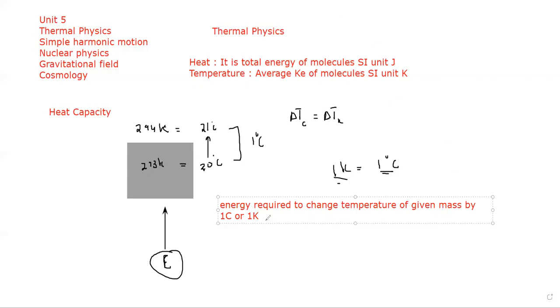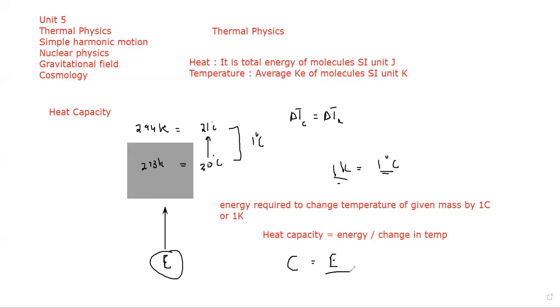So the formula to calculate this: the heat capacity or thermal capacity is equal to the energy supplied or energy removed divided by the change in temperature. Heat capacity or thermal capacity is denoted by capital letter C. The energy which we supply is denoted by E, or you can also represent it by Q. And the temperature change is denoted by delta T or delta theta.